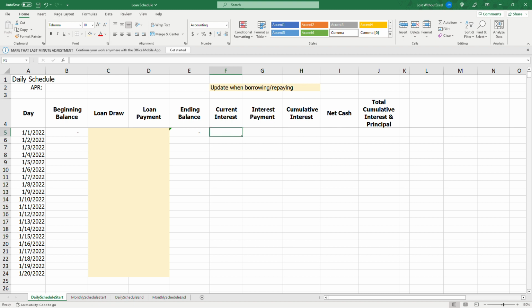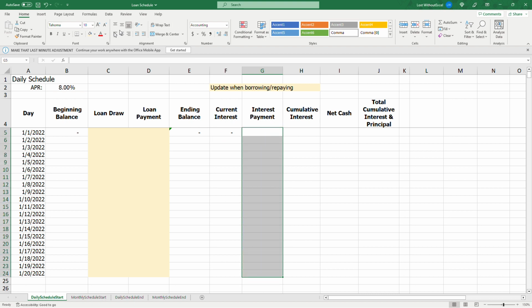The interest for a given day, I'm going to use 8% as my interest rate and just fix it up here. On a given day it is whatever balance we ended the day with, multiplied by our percentage rate over 365 days to get to a daily rate.